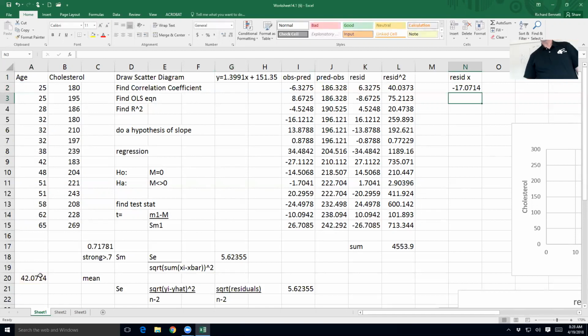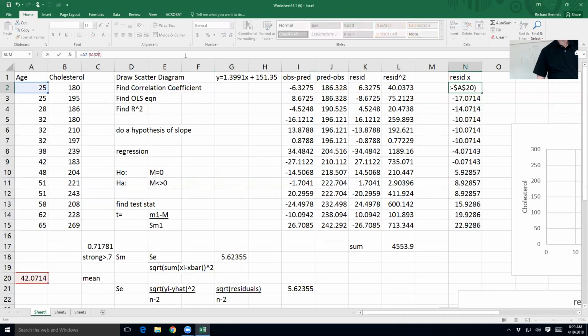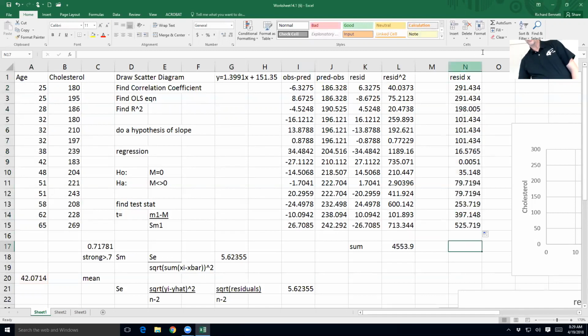Let me finish this just a second. I'm going to copy this down. Oh, I should have squared that. Should I square that all in one step? Sure, let's square it. So if I square that and then add it up, I get that.